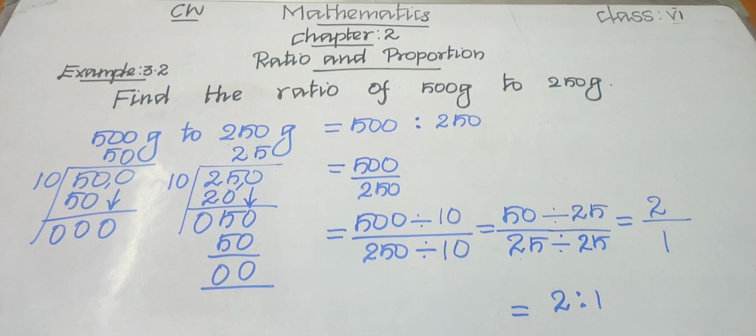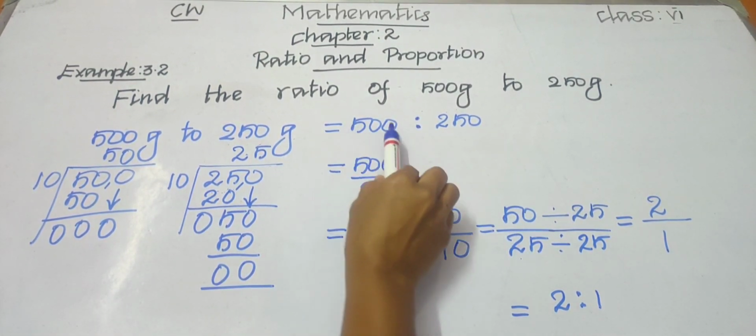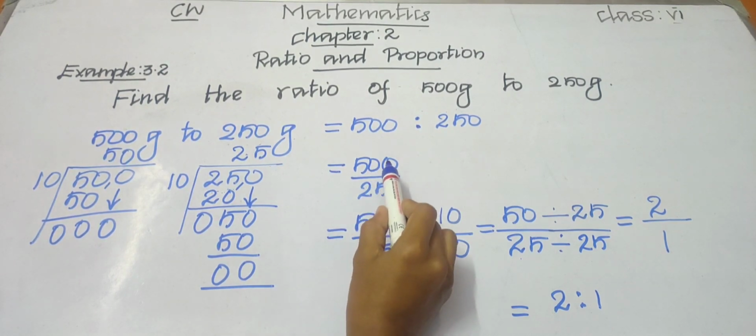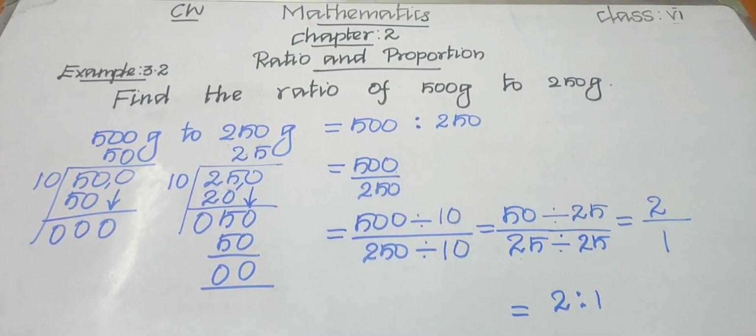Okay, children. Now we can write the ratio in the form of fraction, right? So we have written this ratio in the form of fraction, that is 500 by 250. And what is the next step? We need to check the units place. Here in units place 0 and here also 0.